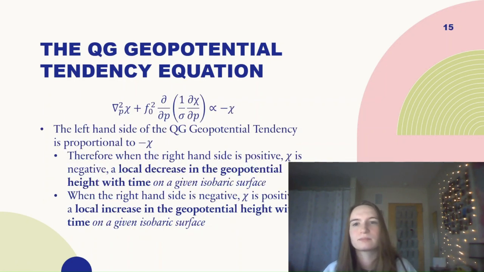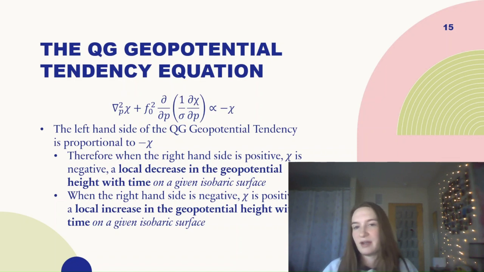So, the left-hand side of the equation first. This is the left-hand side. The left-hand side of the QG geopotential tendency equation is proportional to negative chi. So, when the right-hand side of the equation is positive, chi is negative. So when the right-hand side of the equation is positive, what we're seeing is a local decrease in the geopotential height with time on a given isobaric surface.